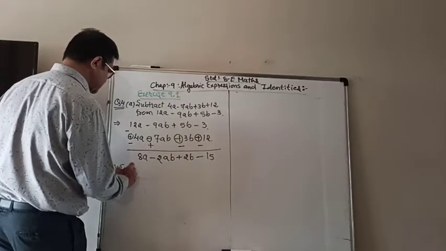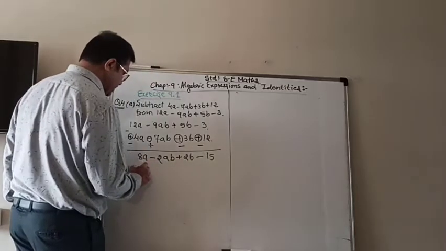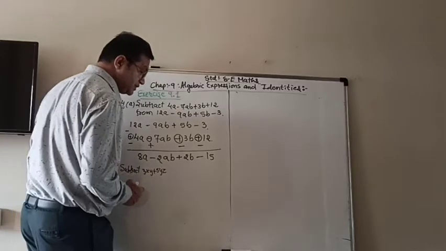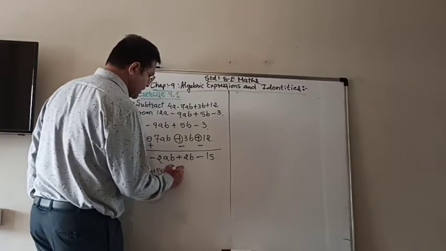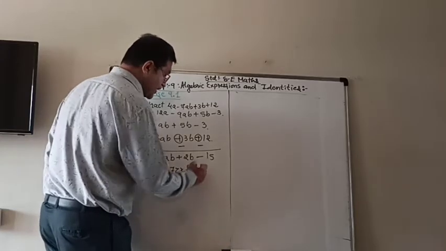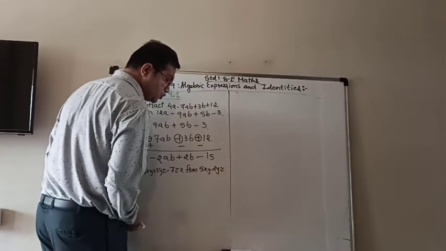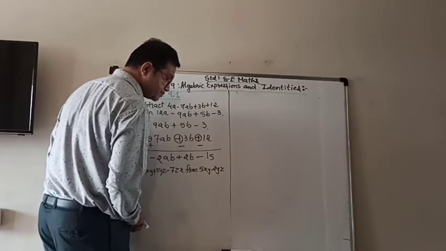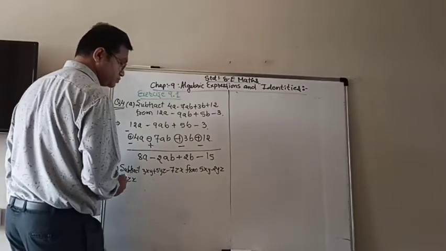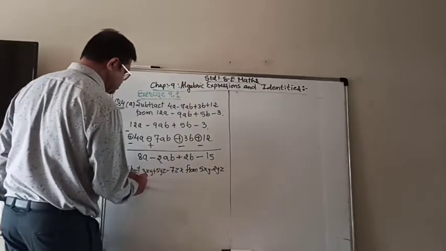Subtract, here also subtraction. Subtract 3xy plus 5yz minus 7zx from 5xy minus 2yz minus 2zx plus 10xyz.